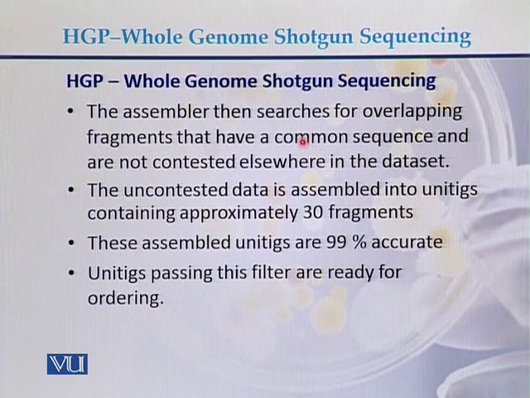The assembler then searches for overlapping fragments that have a common sequence and are not contested elsewhere in the data set. The uncontested data is assembled into unitigs containing approximately 30 fragments. These assembled unitigs are 99% accurate, and unitigs passing this filter are ready for ordering and for forming the genetic maps.